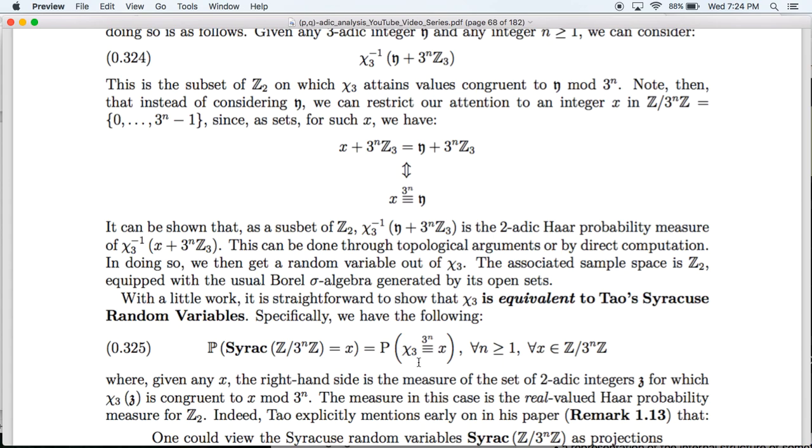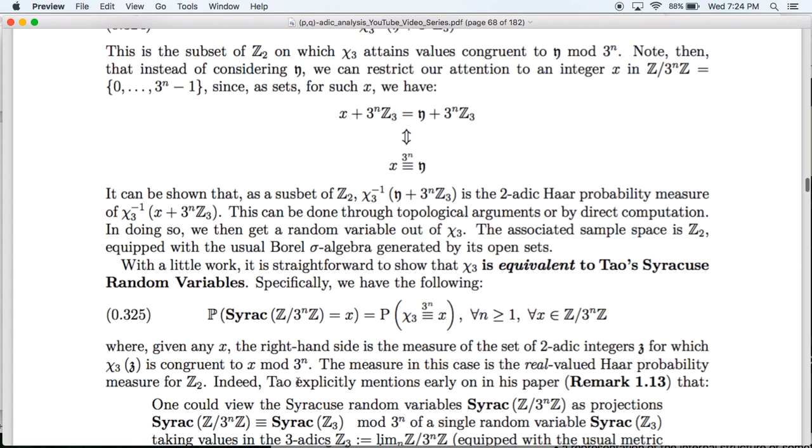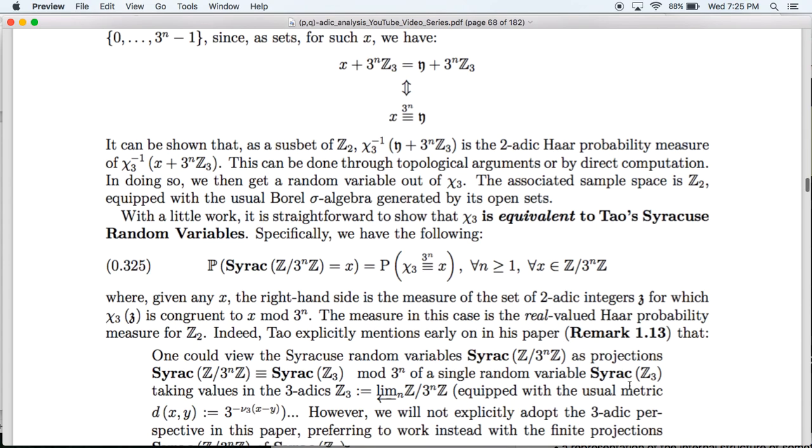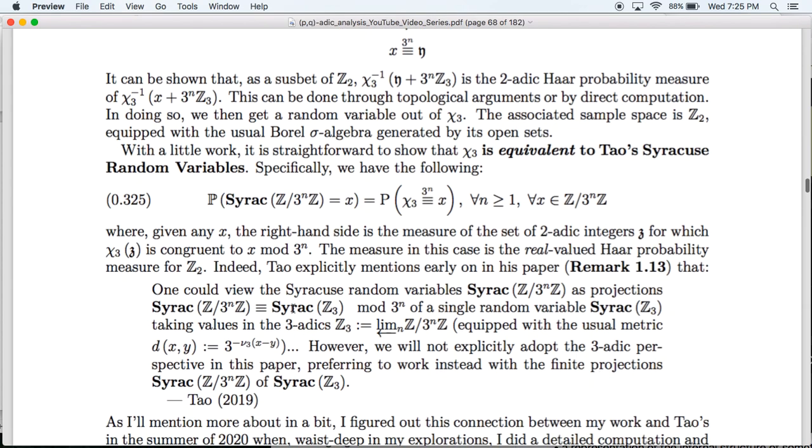Indeed, Tao actually explicitly mentions early on in his paper, in remark 1.13, the following. One could view the Syracuse random variables, Syrac of Z mod 3 to the n Z, as projections of a single random variable Syrac of Z3 taking values in the 3-adics, which he defines as the direct limit, and so on.